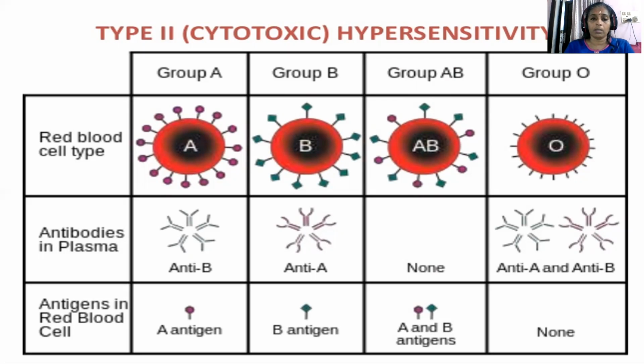A person who has group A has antigen A and antibody B, that is anti-B, and group B persons have anti-A and antigen B. Group AB does not have any antibody, but they have antigens A and B, and group O has antibodies A and B, but they don't have any antigens.